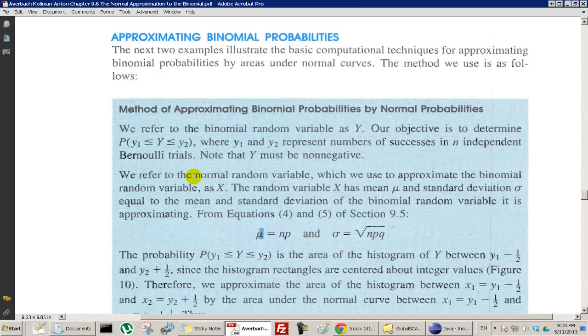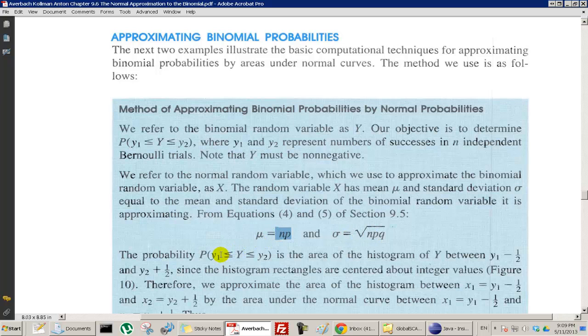We refer to the normal random variable, which we use to approximate the binomial random variable, as x. The random variable x has mean mu and standard deviation sigma equal to the mean and standard deviation of the binomial random variable it is approximating. So this is mu and this is sigma.